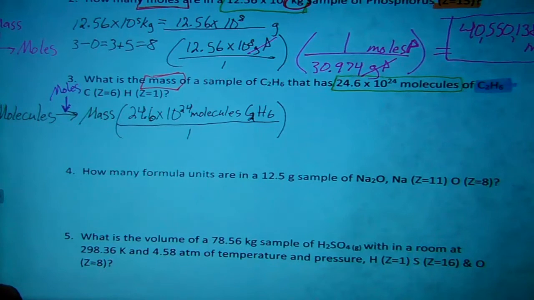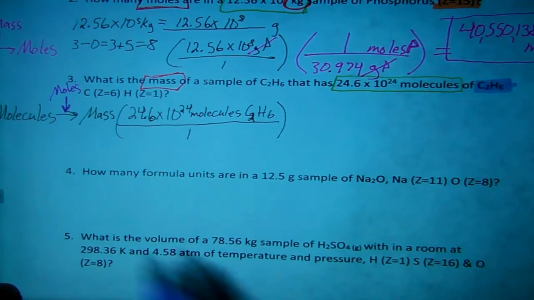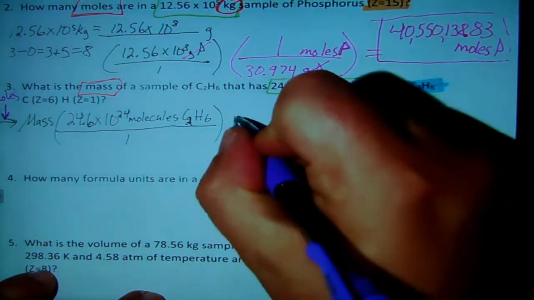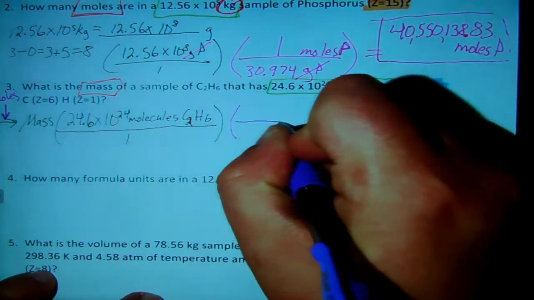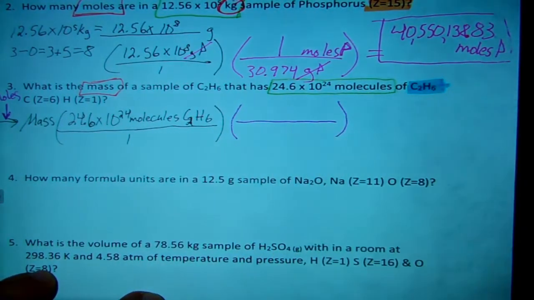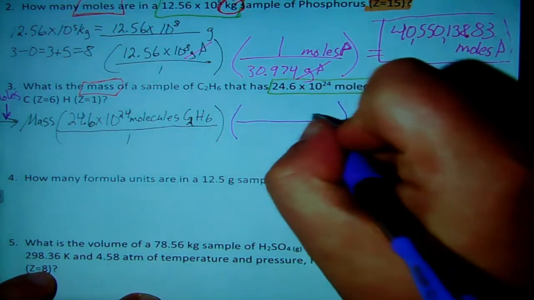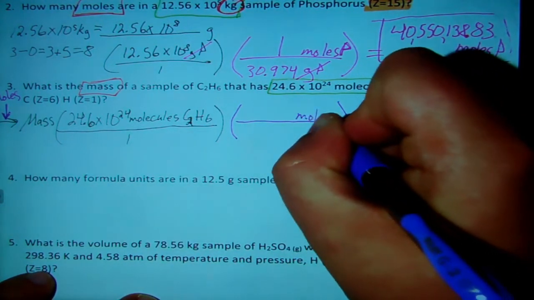So in this, we're going to need a conversion factor. And like I said, and I can't stress this enough, we first have to get to moles. So in order to do this, this is the simple conversion. I need to get to moles, so moles are going to have to get on top.